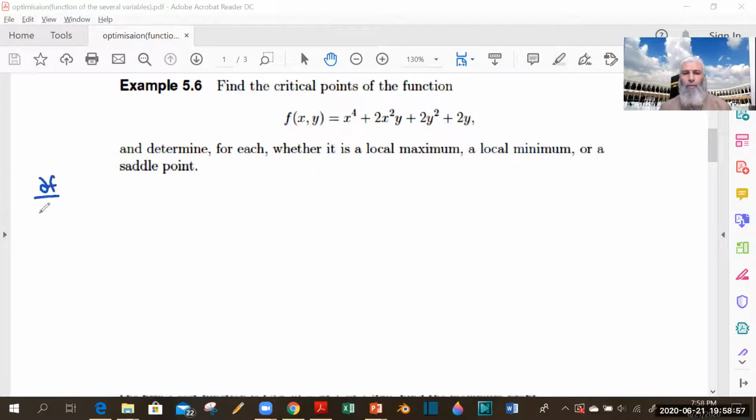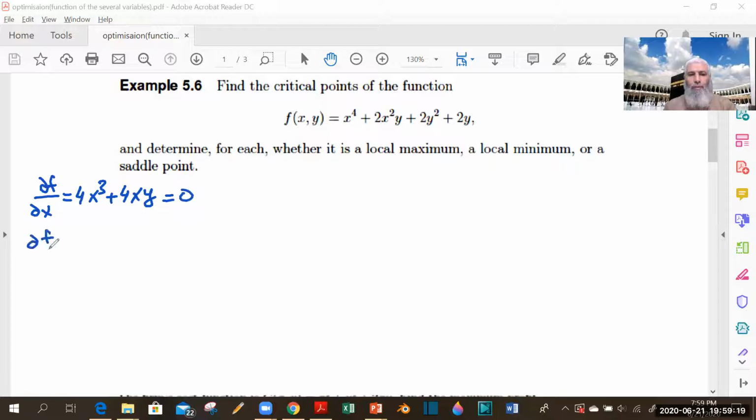So first it would be 4x cubed plus 4xy. Yeah, that's it. And we will equal this to 0.